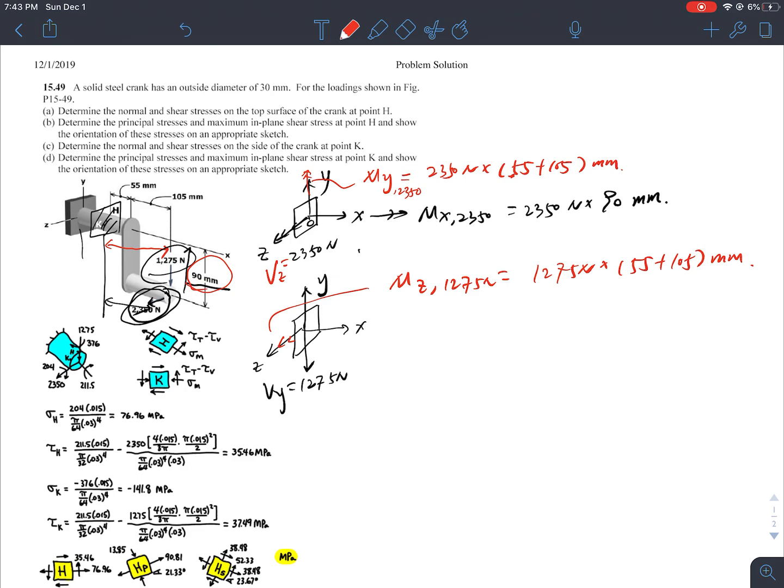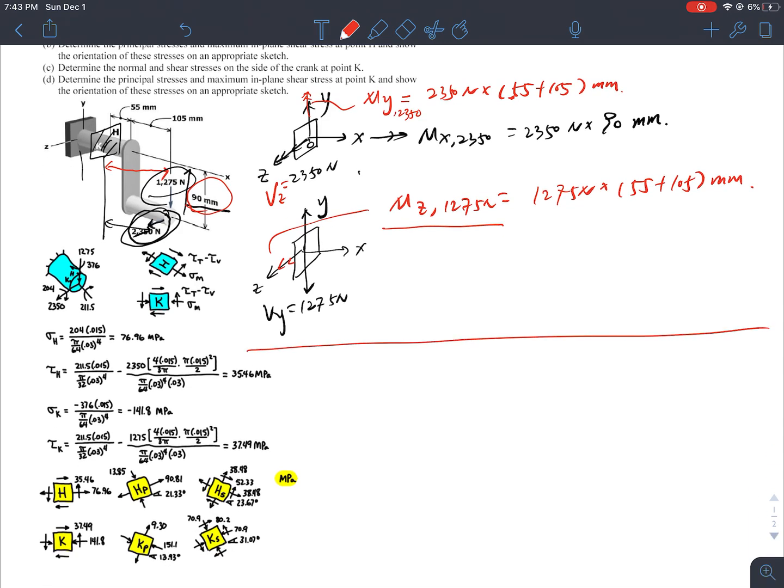Since I'm moving along the force direction, I do not introduce any moment. So I will only have a moment generated by the 1,275 Newton. Okay, so these are all the forces I have on the cross section.